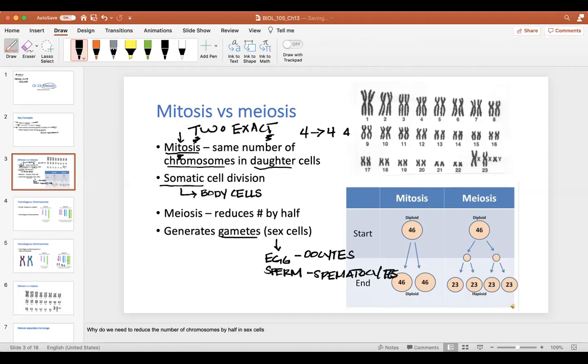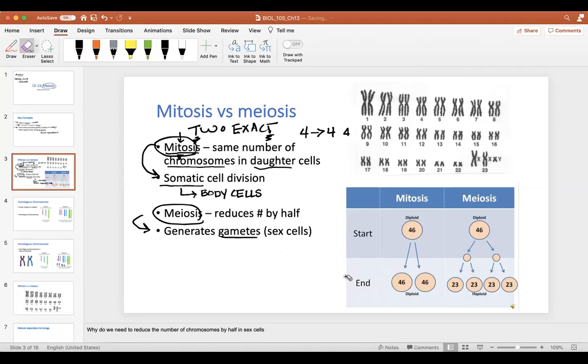Okay, now let's think about why we need mitosis versus meiosis. Meiosis generates sex cells. Mitosis with a T generates body cells. So let's think about this for a second. Let's think about humans and how many chromosomes you have in your cells.